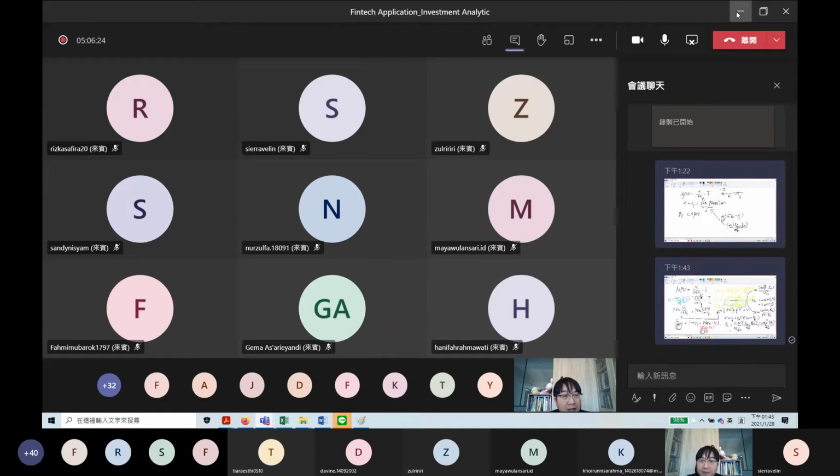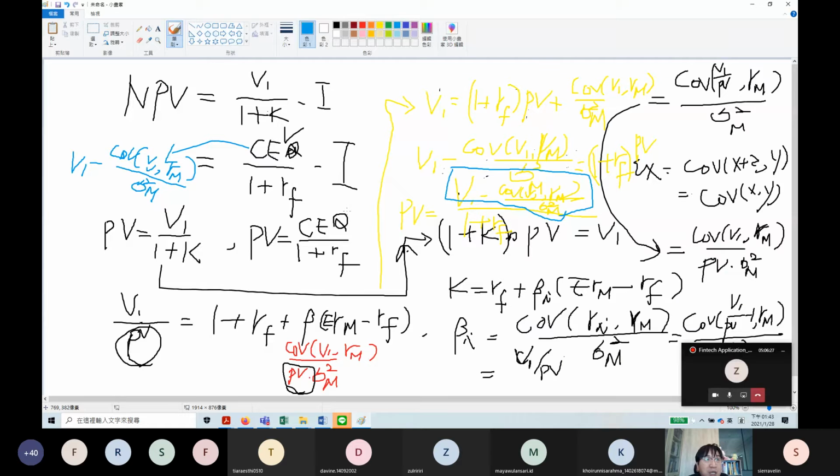It's a different risk neutral methodology model. Last day we mentioned the risk neutral model. We ask all the securities traded in financial markets to have an expected rate of return equal to RF, right?